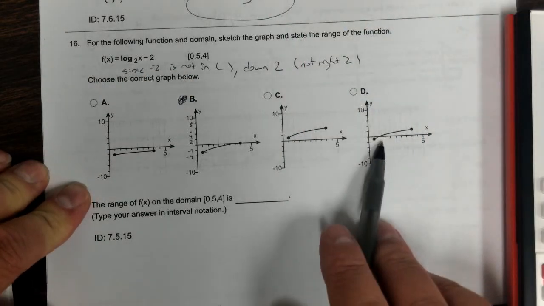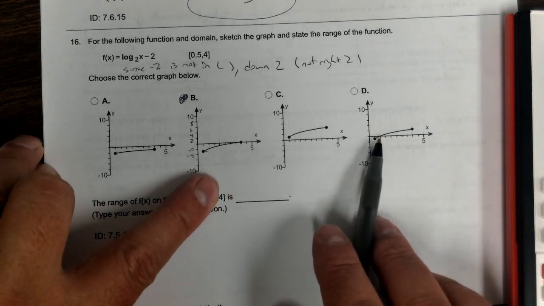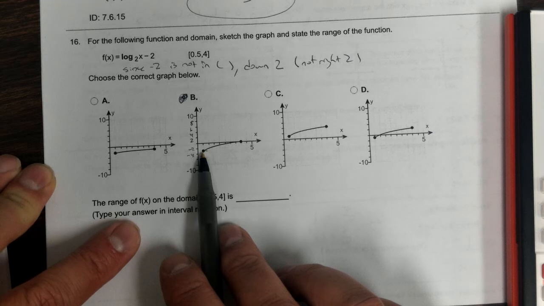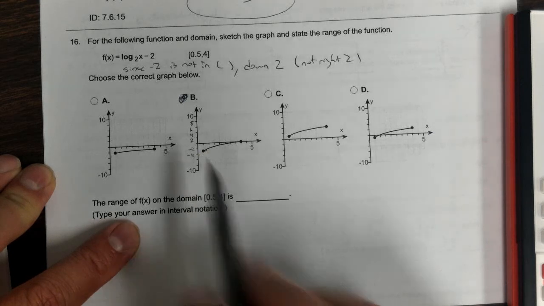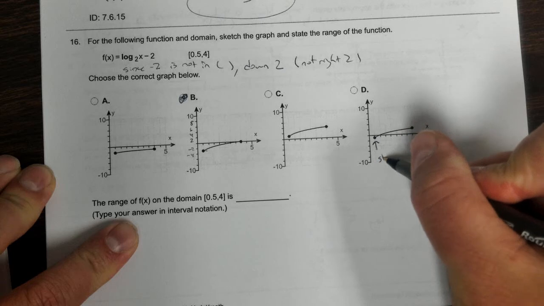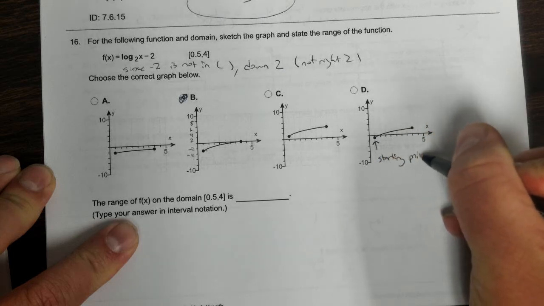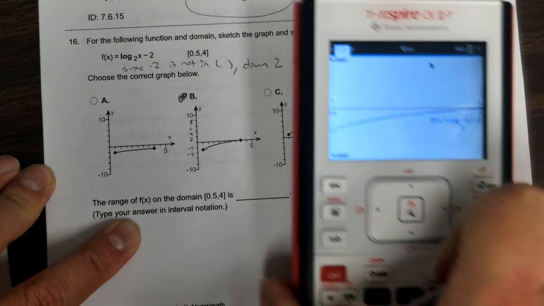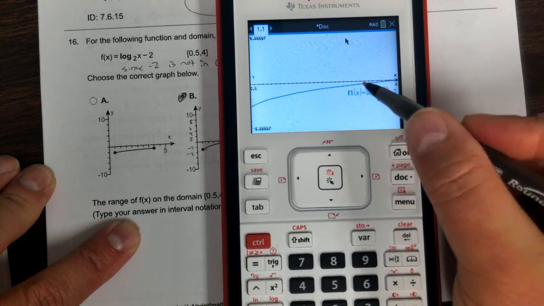So the difference between these two is this one's too high and this one's just right for your starting point. And then your ending point should be at the x-axis.